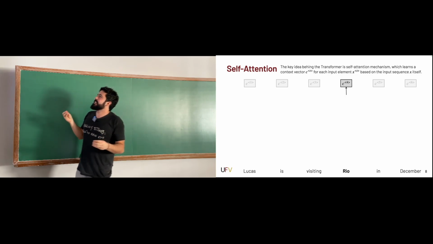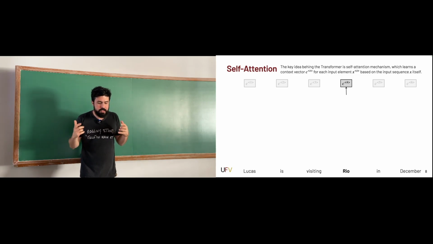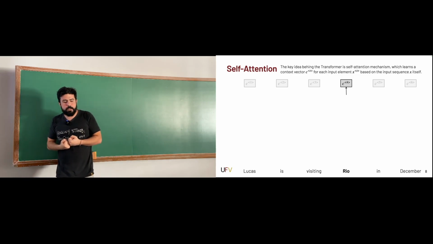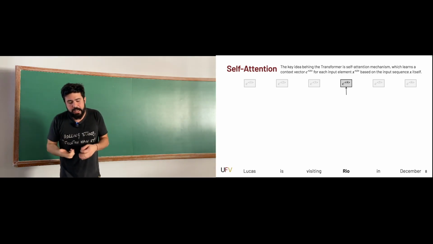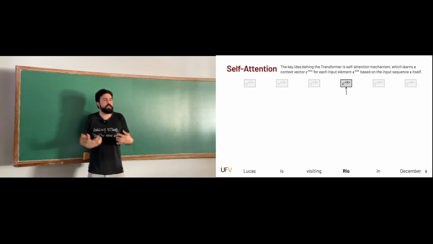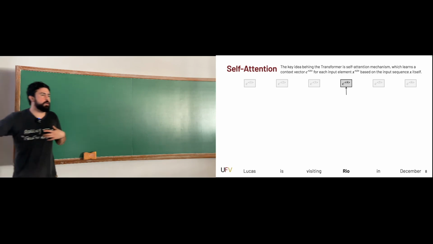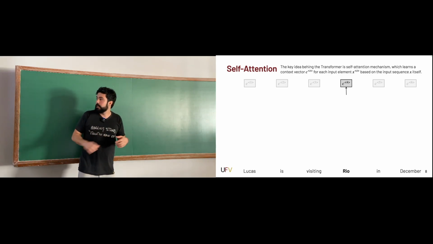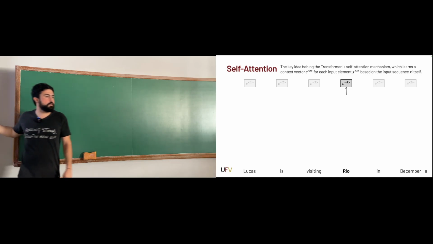So the key idea behind the transformer is this idea of self-attention, which uses that scaled dot product attention. It's called self-attention because we're going to attend to ourselves. Think about this input sequence: we're going to find a way to represent a word by looking at its neighbors.